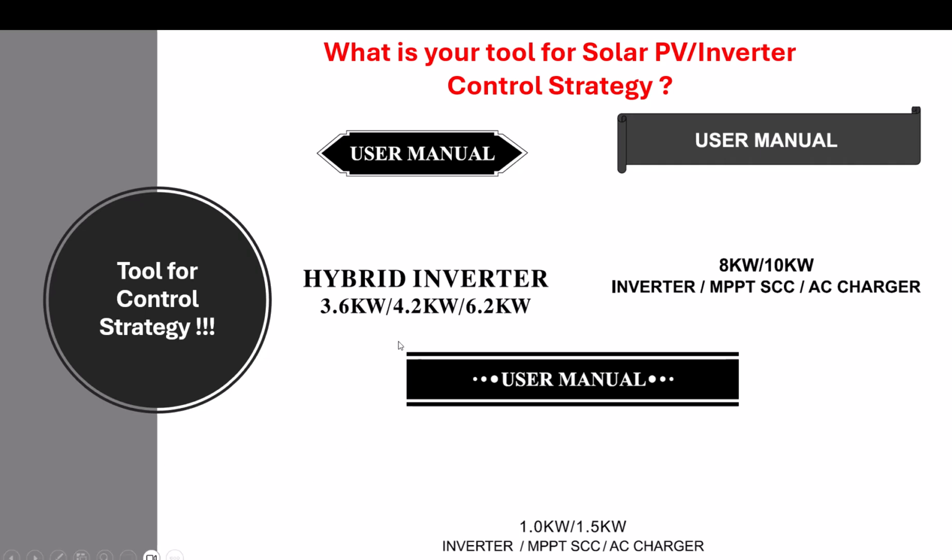Here I show you 3 tools that would be at my disposal. One is that of a 1 or 1.5 kilowatt inverter. The other manual depicts 3.6, 4.2, and 6.2 kilowatt inverters. And the third one I have is a user manual that depicts 8/10 kilowatt.